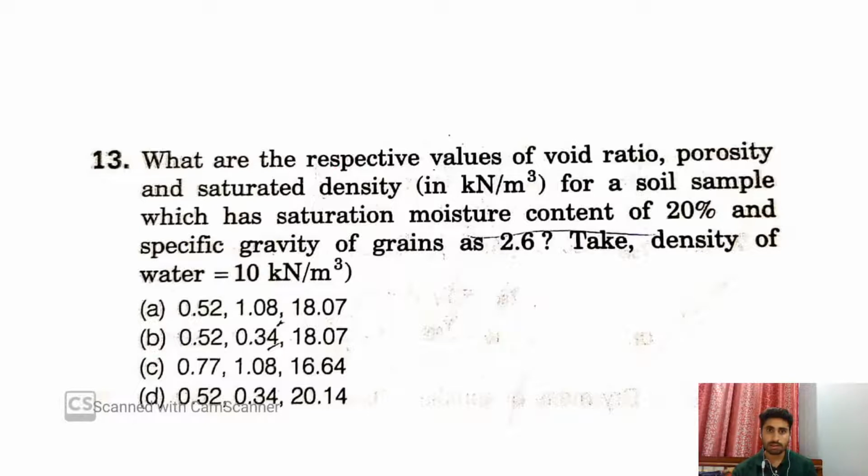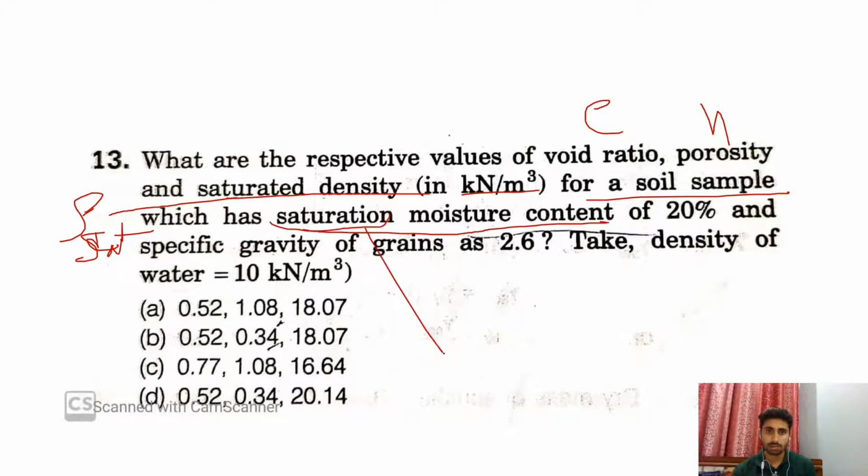What are the respective values of void ratio, porosity, and saturated density, rho saturated, in kilonewton per meter cube, for a soil sample which has a degree of saturation of 100%, a moisture content of 20%, water content of 20%, and specific gravity of grains as 2.6.